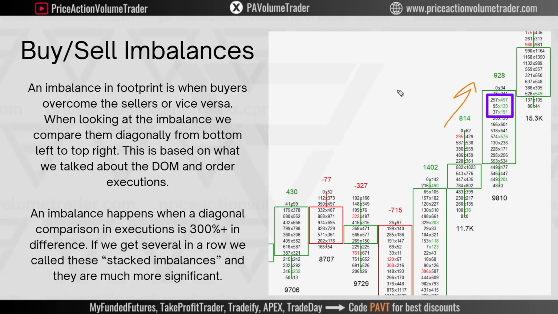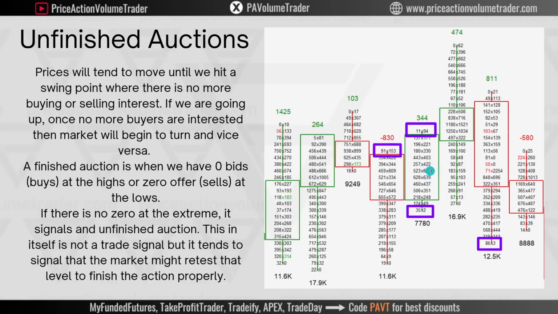Okay, so this is one of the tools that footprint traders like to use. Next, we have unfinished auctions. Prices will tend to move until we hit a swing point where there is no more buying or selling interest. If we're going up, once no more buyers are interested, then the market will begin to turn, and vice versa.